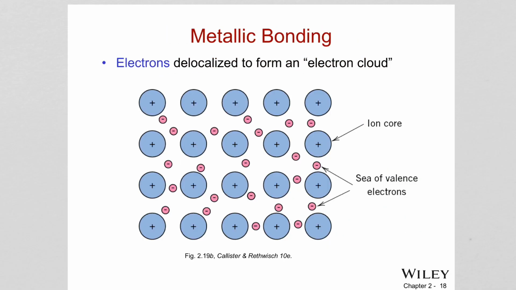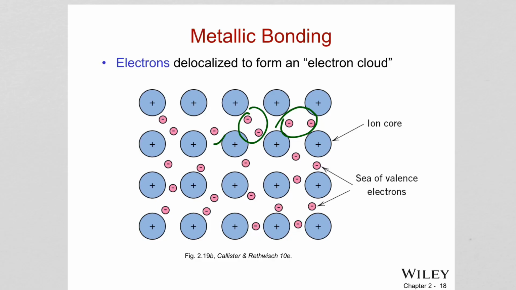What about metallic bonding? Of course, this type of bonding is found in metals, and it occurs between atoms with only a few electrons in their outer s and p orbitals. So valence electrons are given up by individual atoms, resulting in a geometric array of positive ions surrounded by a free electron cloud, as you can see.